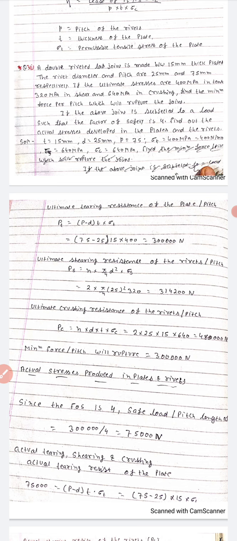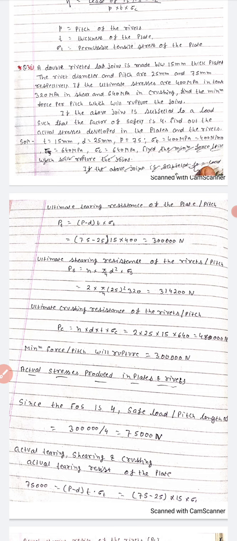A double riveted lap joint is made between 15 mm thick plates. The rivet diameter and pitch are 25 mm and 75 mm respectively.